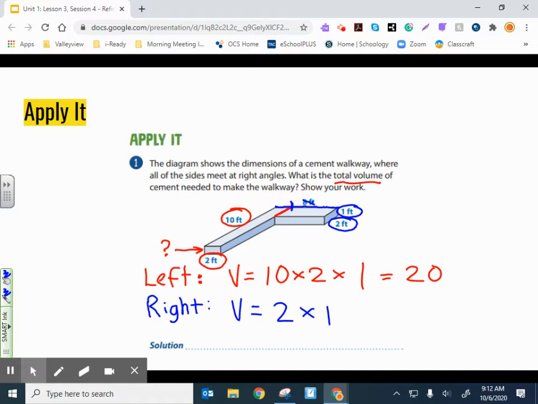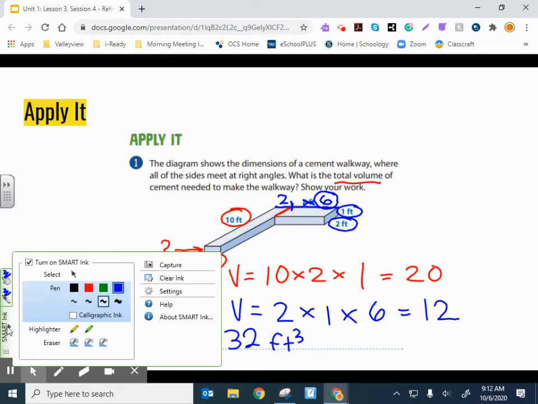We have to split up that 8 into a 2 and a 6, and then we use that 6 right there. Then we have 2 times 1 times 6, which is 12. And we know that this is 32 cubic feet total. Again, rewind or pause if you have questions. I used different colors here to help with that.